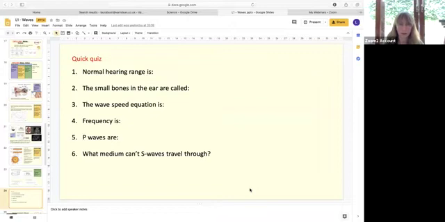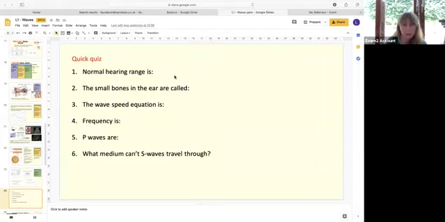What is the equation? Okay, I'll end the poll now. It seems that most of you are quite happy with wave speed equals wavelength times frequency.